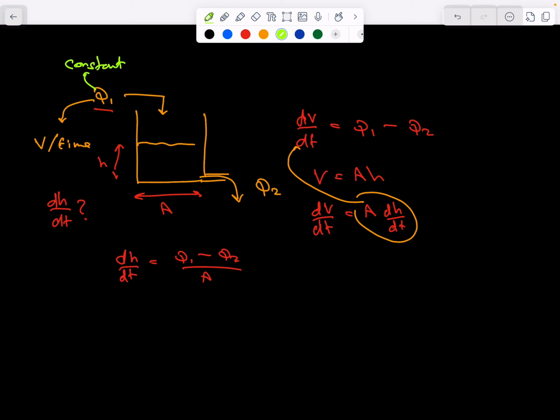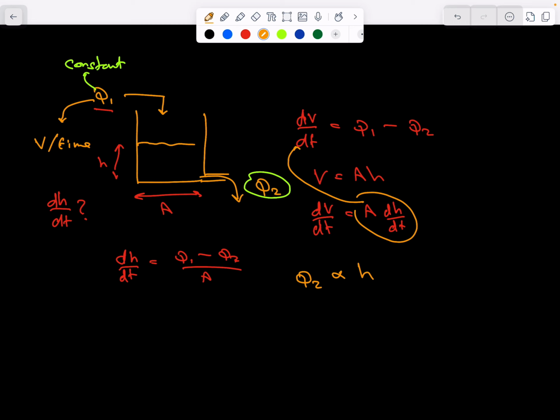But I need to decide on Q2. There are various things I can do here, but the easiest one is just to assume that Q2 is directly proportional to the height. That works if the water flow is relatively slow, so that's what we'll assume.